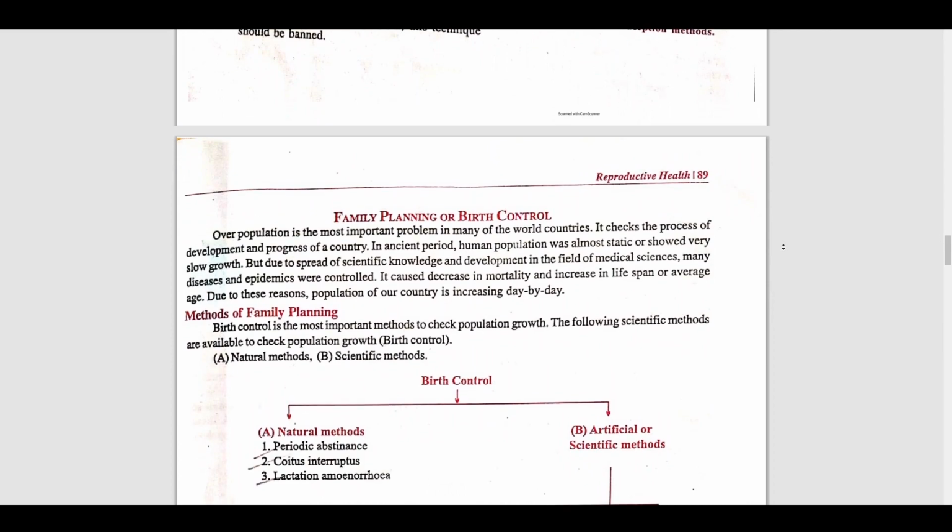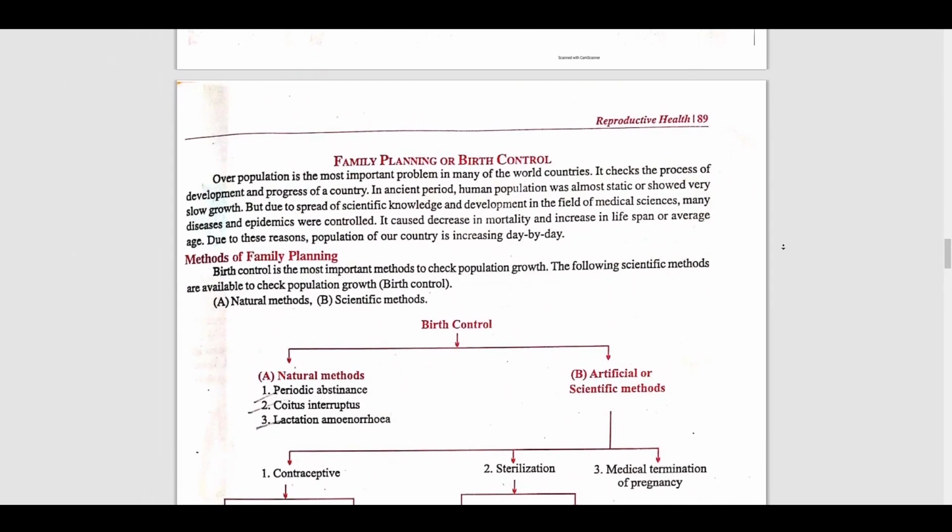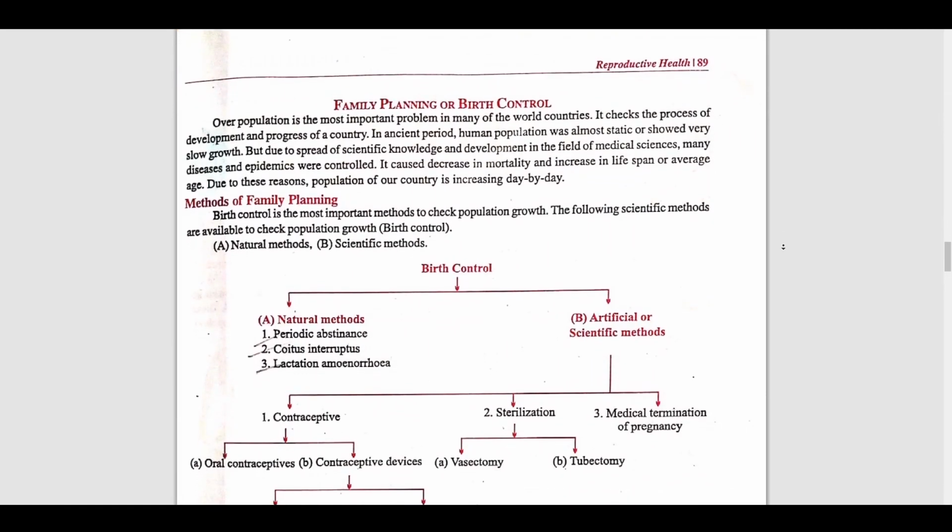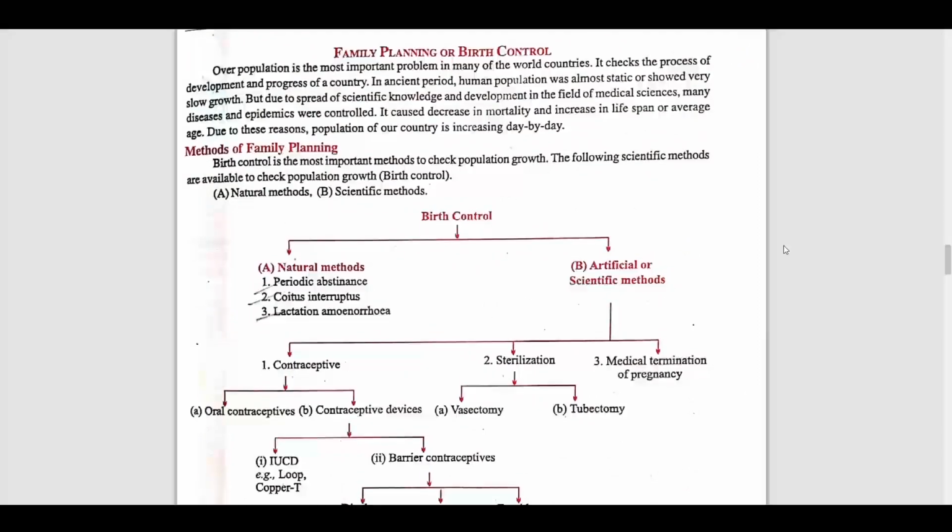Now we'll talk about family planning, or birth control. Overpopulation is the most important problem in many countries of the world, right? If we check the process of development and progress of a country, in the ancient period human population was almost static or showed very slow growth.